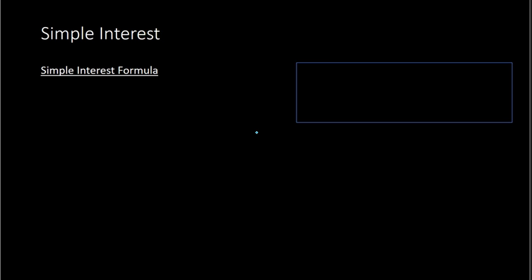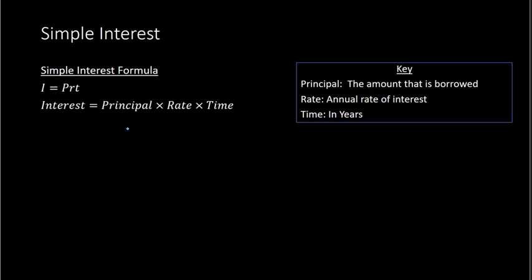For example, with simple interest, we have a formula to calculate how much interest someone owes you or how much interest you owe someone else. That formula is interest equals P, which is principal, times R, which is the rate, times T, which is time. Principal, by definition, is the amount that is borrowed.